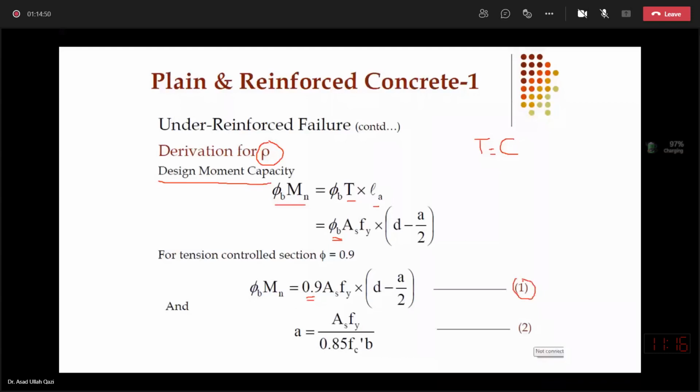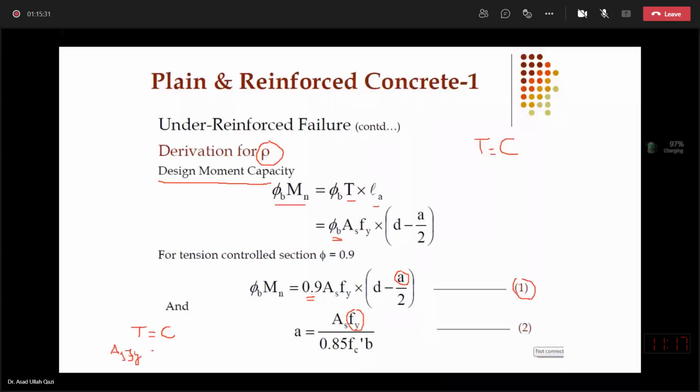In this first equation, uniform stress block depth a is present. If I replace this a with the a which I will determine from the longitudinal equilibrium equation T equal to C, with the condition that at ultimate steel is at yield, so T is AsFy and C is 0.85 fc prime into ab.